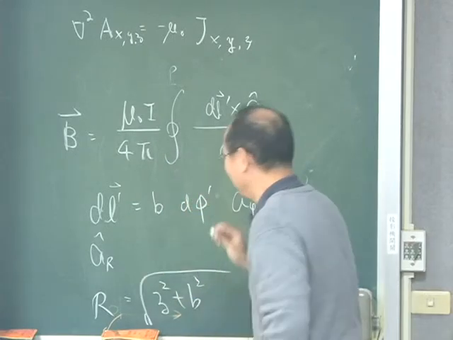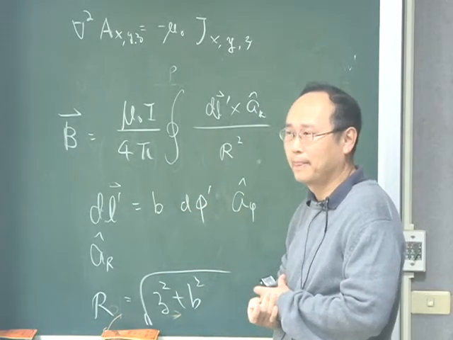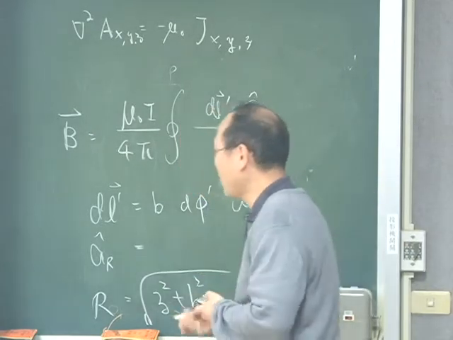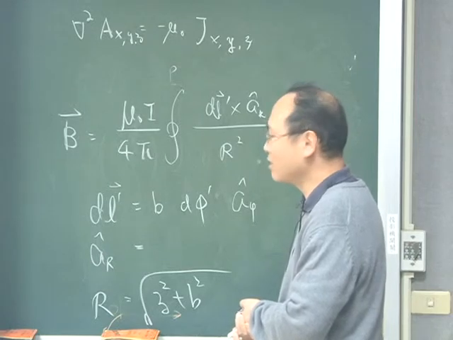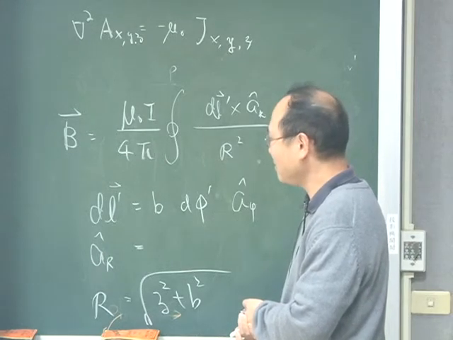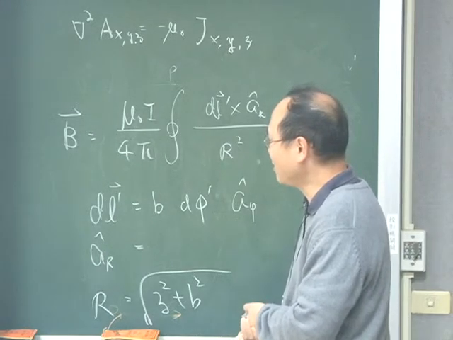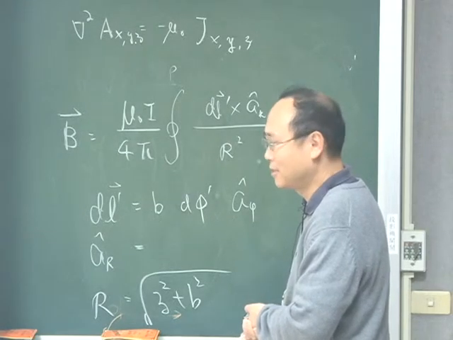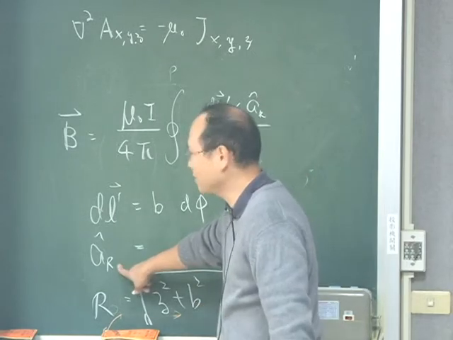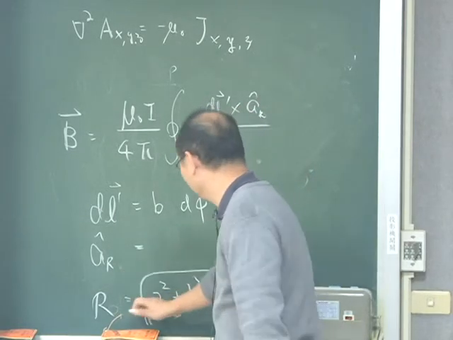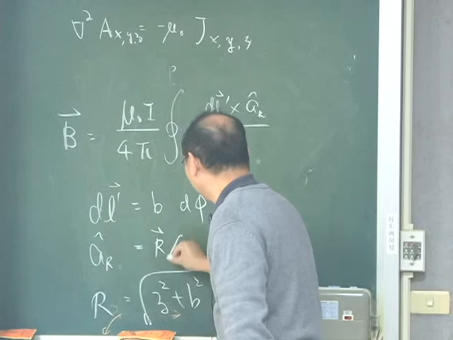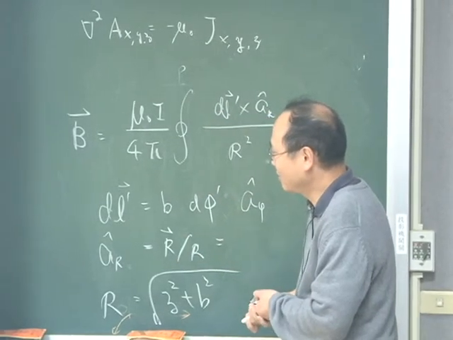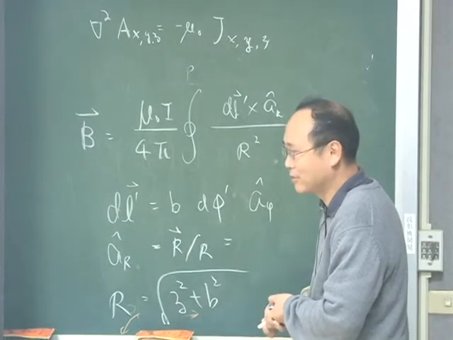Then you have to figure out the direction of R. R is a vector here minus a vector here. So R divided by R is equal to, you have to write the expression for this vector.